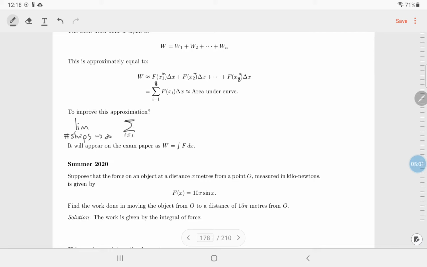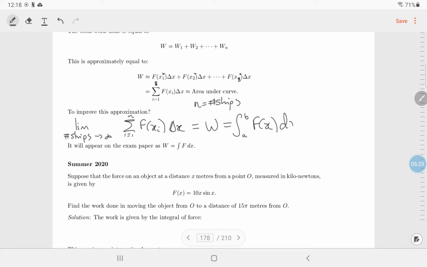I equal to 1. Let n be the number of strips. And the force by the distance. So this becomes a better approximation to the work, but it also becomes a better approximation to the integral, which is the area.